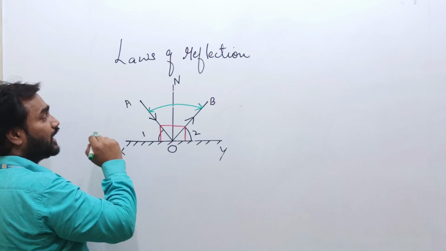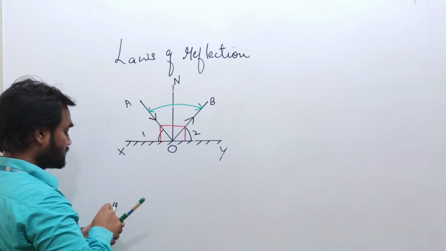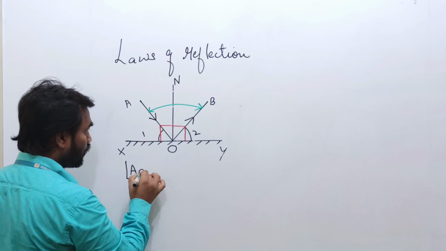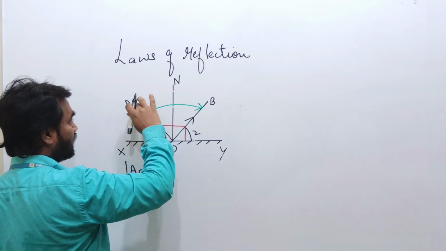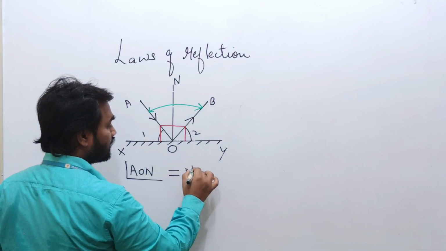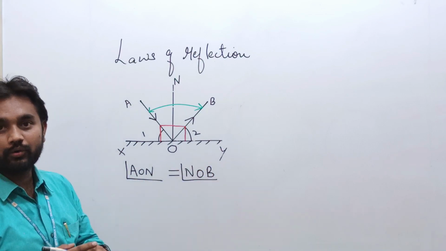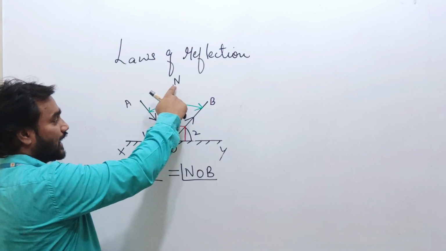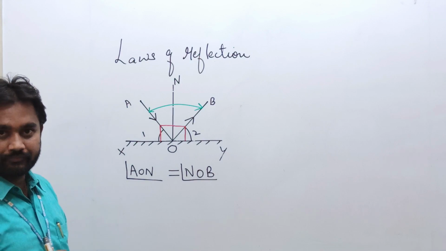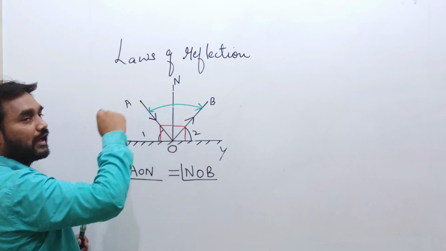Now, since it is divided into two equal parts, that means angle AON will be equal to angle NOB. So angle AON is equal to angle NOB.